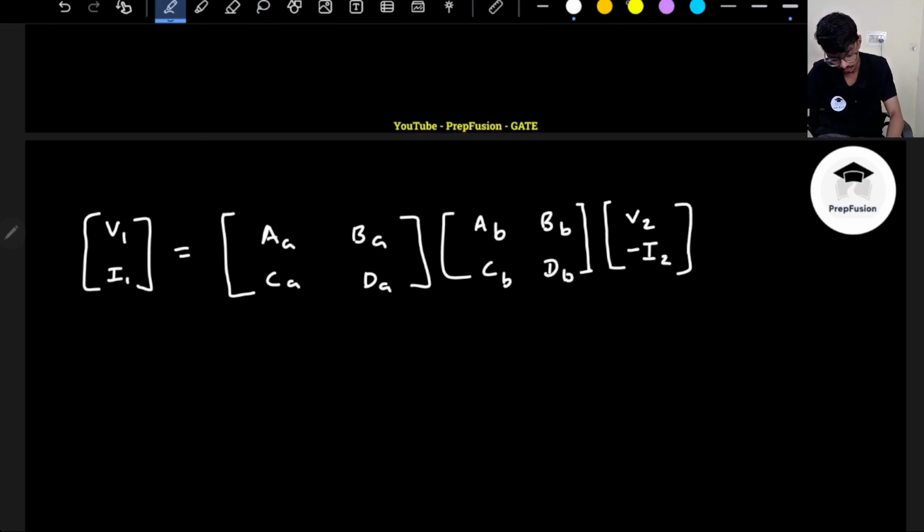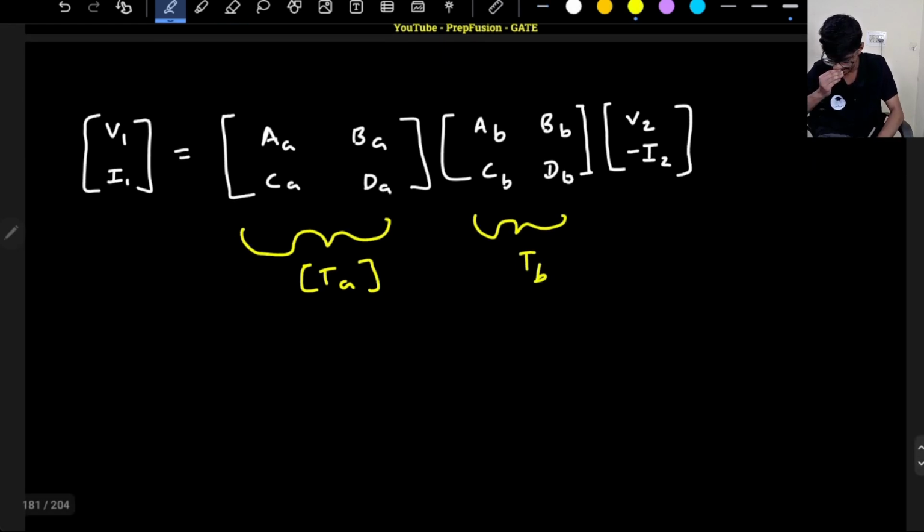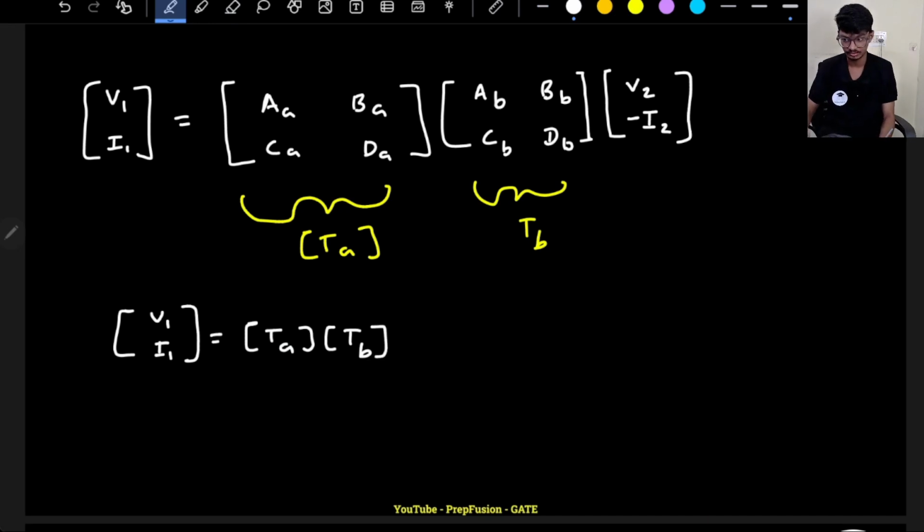So ultimately overall this is the TA matrix, this is the TB matrix. So ultimately I get this relation that V1, I1 equals TA into TB, times V2, minus I2. This we have used in the previous lecture, where I was multiplying two cascade networks.